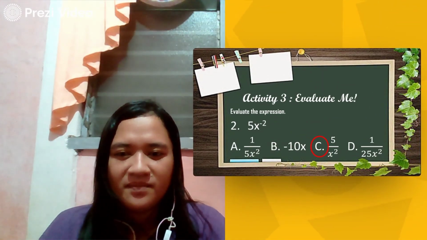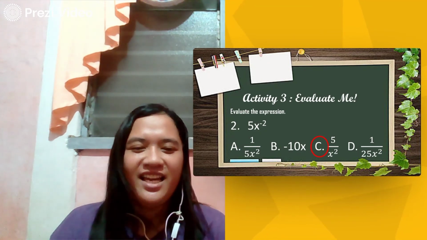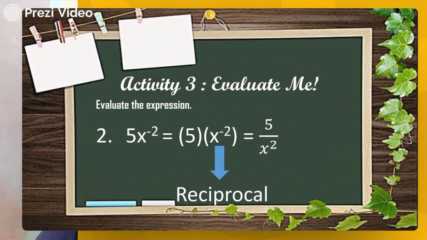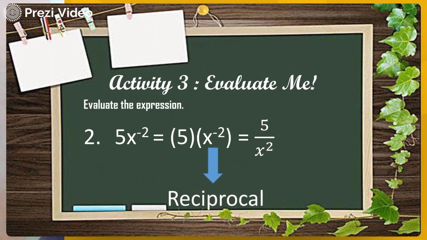Why man? Kaya ako explain why. Kay si 5 and x, di sila isa. Multiplication, multiply. Okay ra if plus, okay ra if sila duha sulod sa parenthesis o nasa gawas ang exponent.